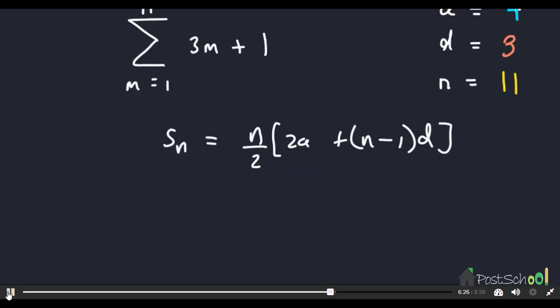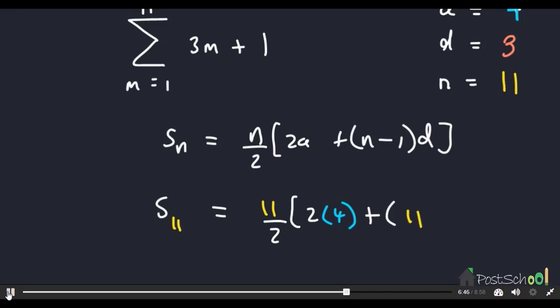So we want to calculate S11, which is going to be equal to 11 over 2 times 4 plus n, which is 11, minus 1 times d, which is 3.